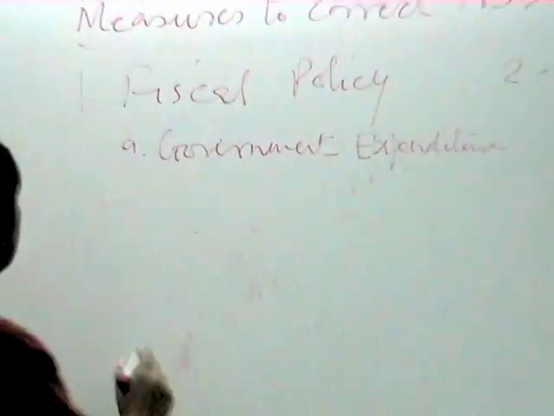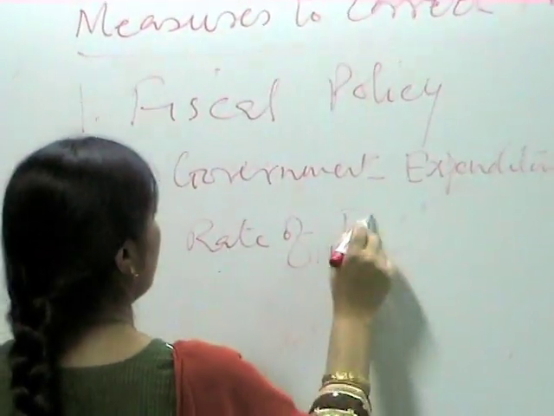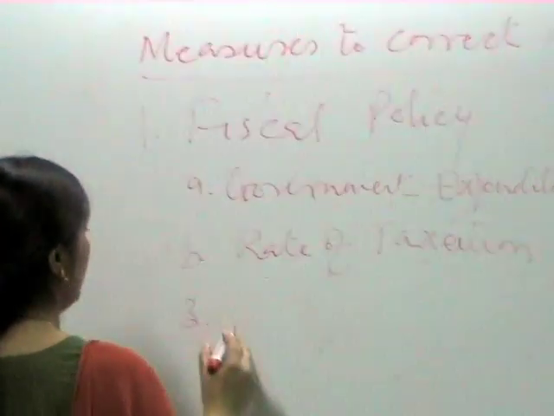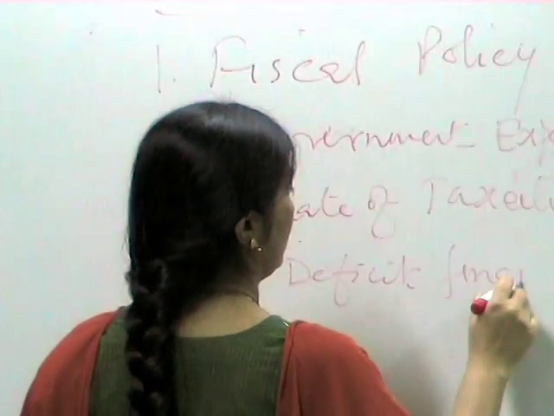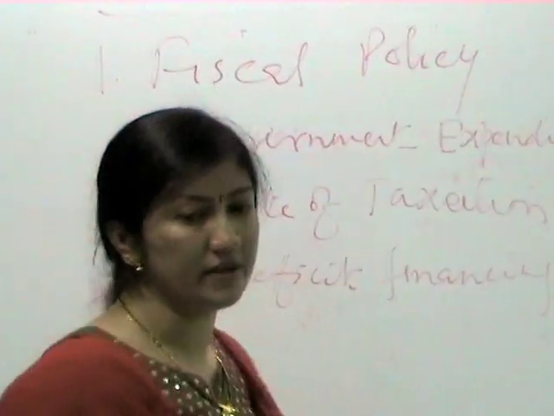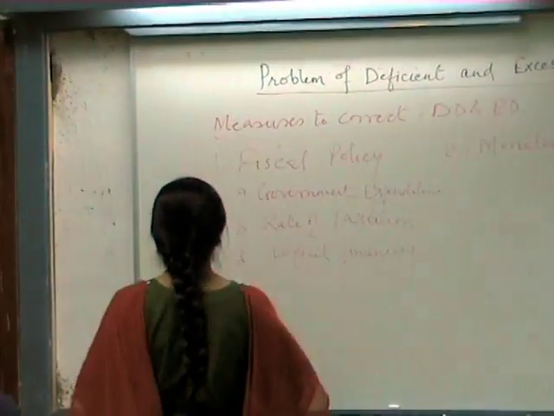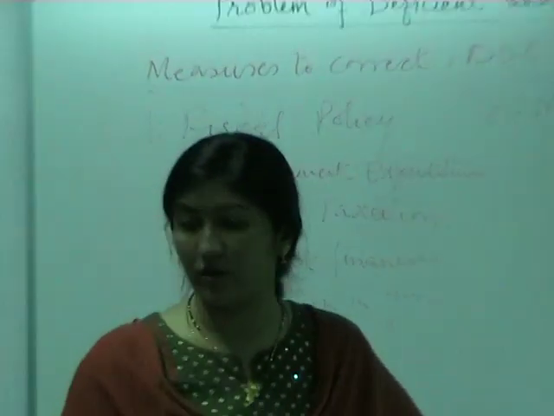Second comes the rate of taxation. Third comes the deficit financing. And fourth one is the reduction of the government's borrowings.